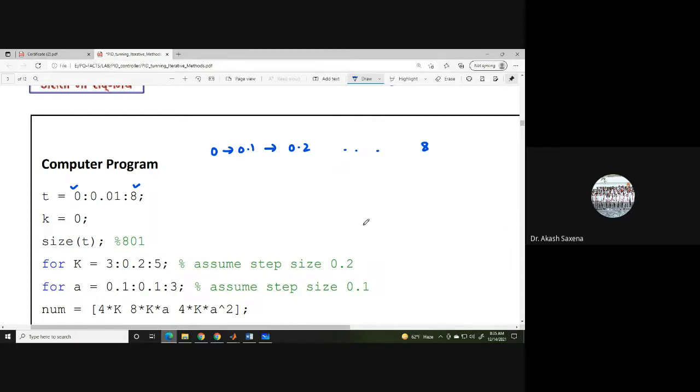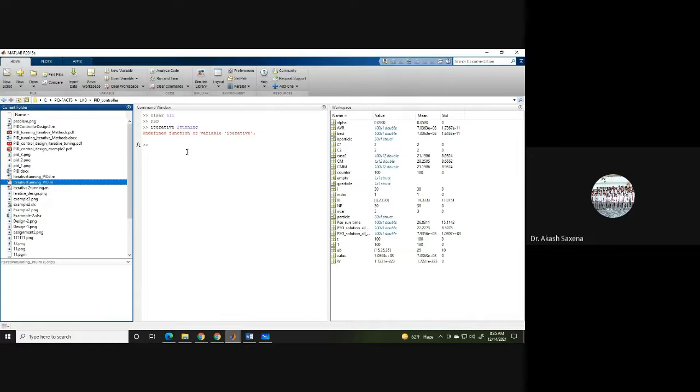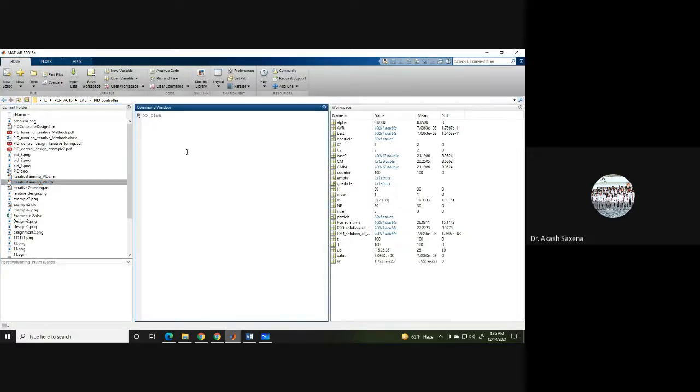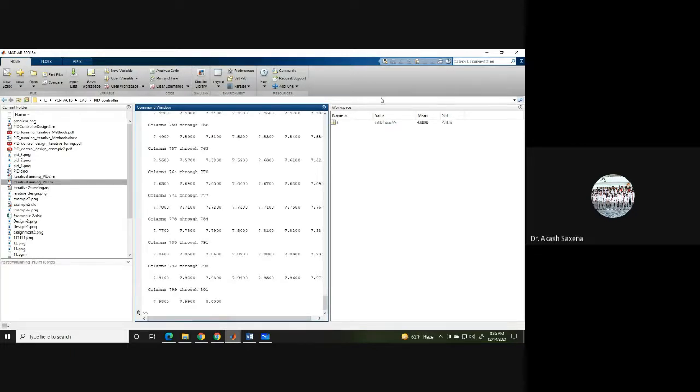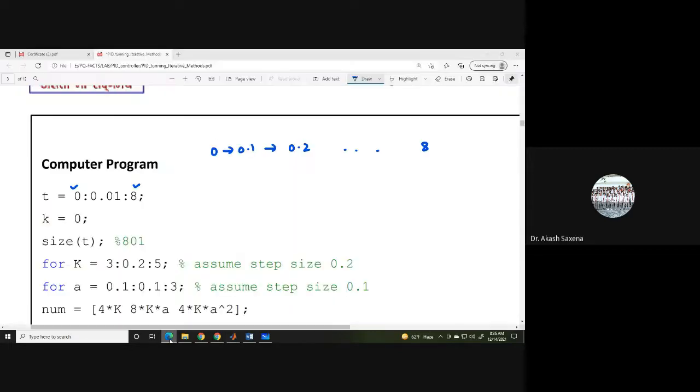If I run only this code, t is equal to 0, 0.01, colon 8, I will get 801 values. So I will plot the response for 801 values, these are 801 samples of time.